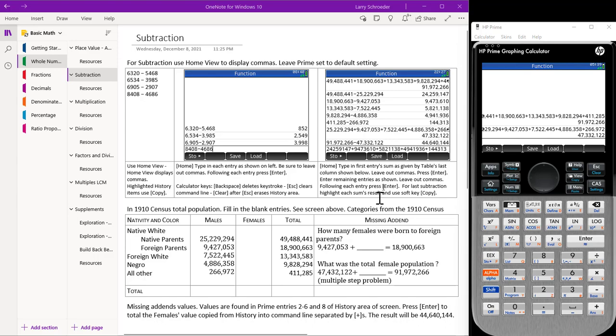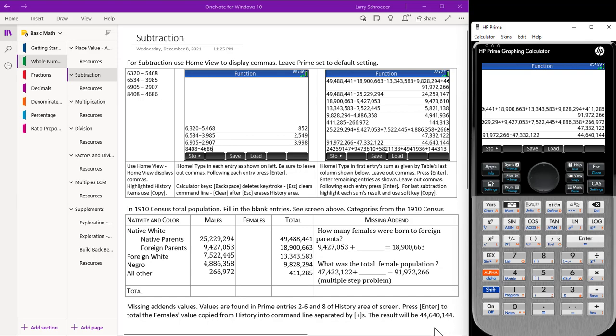Now what I want to do is take the total and subtract from it the male to get the female. So if I highlight this particular entry here and say copy, then say subtract, highlight this answer here and say copy and press enter, I get the answer that I'm looking for, that goes down here for the total number of females, which was the one question that we asked.